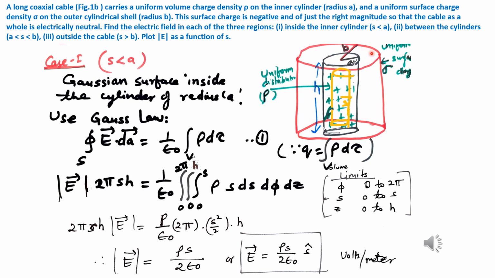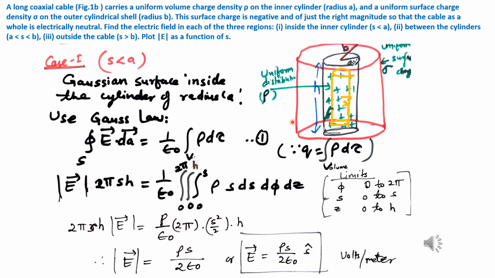The volume charge density rho is there for the inner cylinder, distributed on this inner cylinder, and the outer cylinder has surface charge density sigma, on its surface. The total charges on the inner and outer cylinders are equal and opposite. So again we have to find the electric field at three places using Gauss's law.